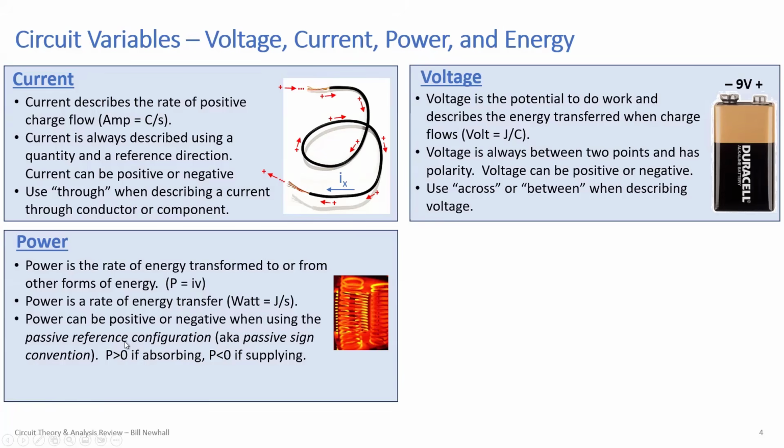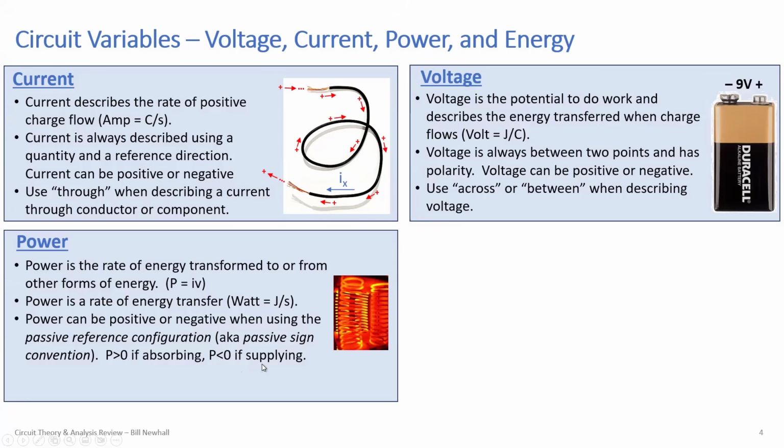If P is greater than 0, that circuit element is absorbing. If P is less than 0, that circuit element is supplying. So the lit up coil here would be power greater than 0. This battery, if it's supplying power, would have power calculated less than 0.